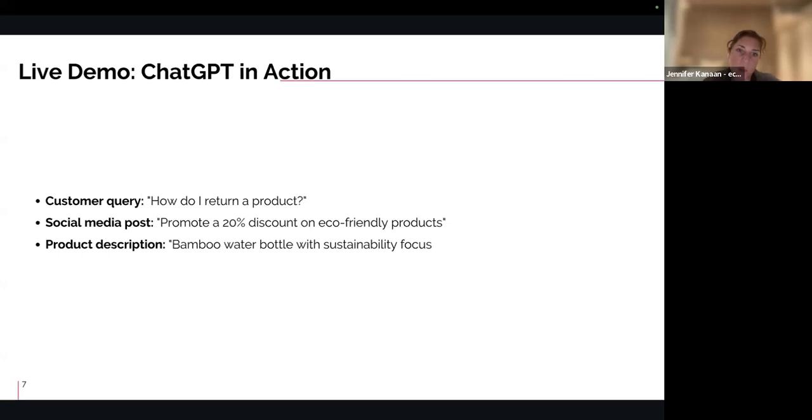So, how do I return a product? If you're interested in social media posting or content, promote a 20% discount on eco-friendly products. And if you're looking for help with product description, you can try bamboo water bottle with sustainability focus, or you can experiment with your own prompts.